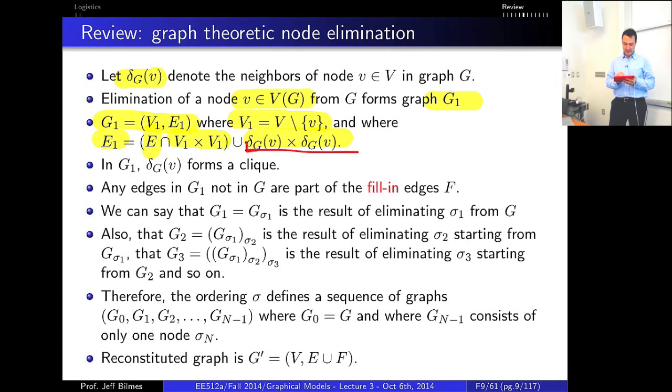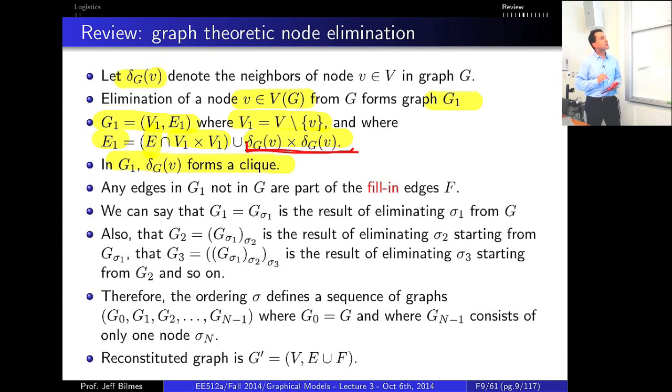And that is where we get this clique, because delta G of v cross delta G of v are basically all pairs, all of the edges between any of the nodes that were a neighbor of v in the graph G. So that basically means that v's neighbors in the former graph form a clique in this new graph G1. That's what this is saying: in G1, delta G of v forms a clique.